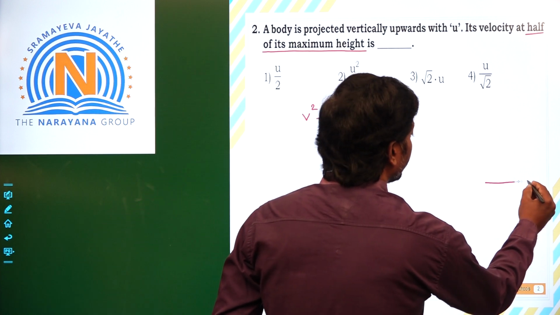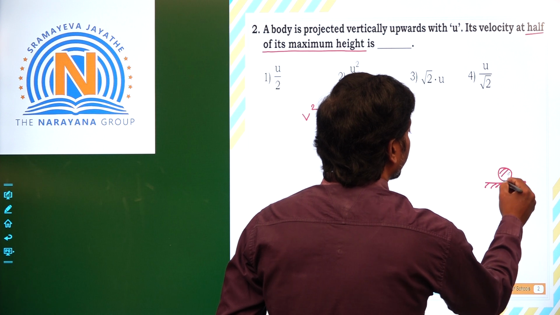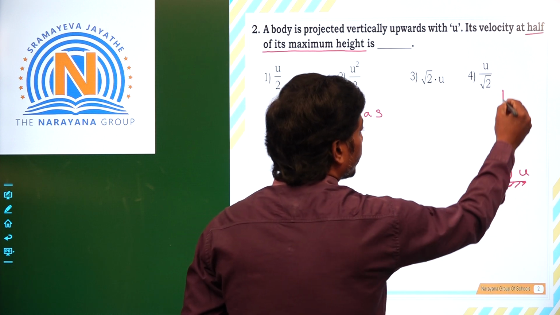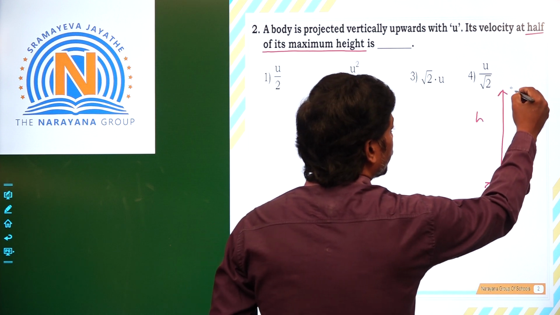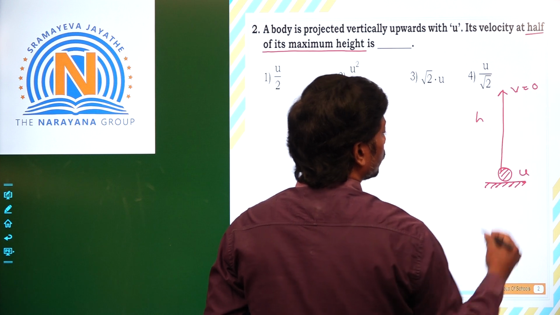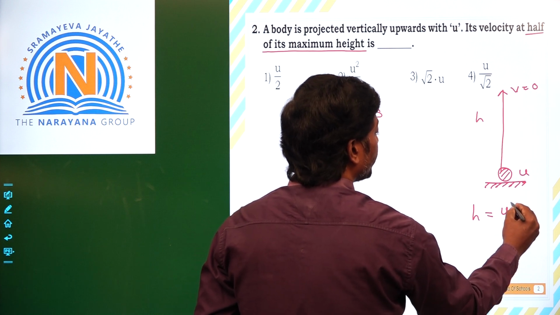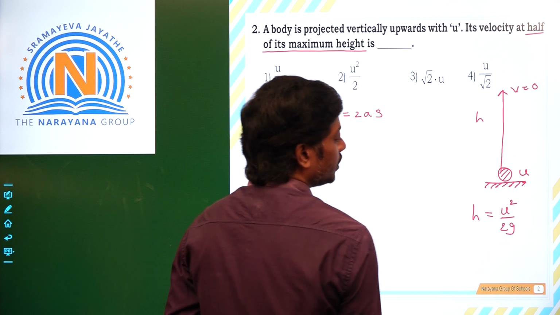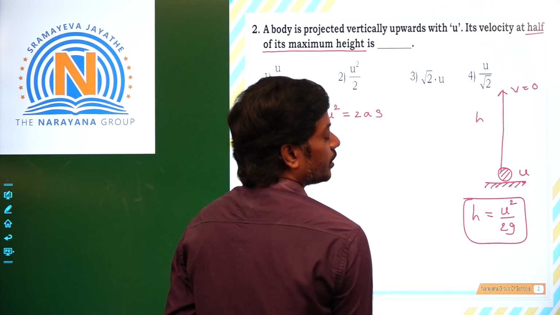Suppose this is an object which is projected with a velocity u, and let us take it has reached a maximum height h. At maximum height its final velocity is 0. And as we know, the maximum height attained by the body can be found using the formula h is equal to u square by 2g.